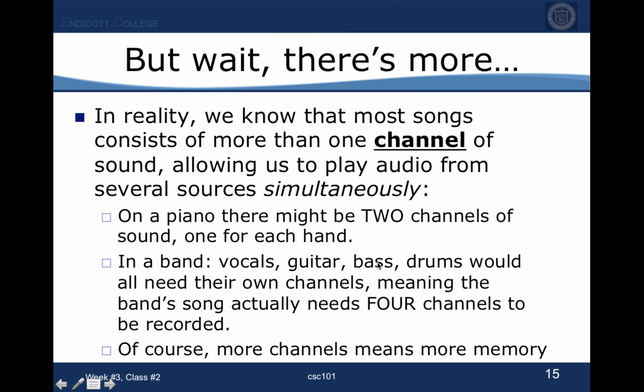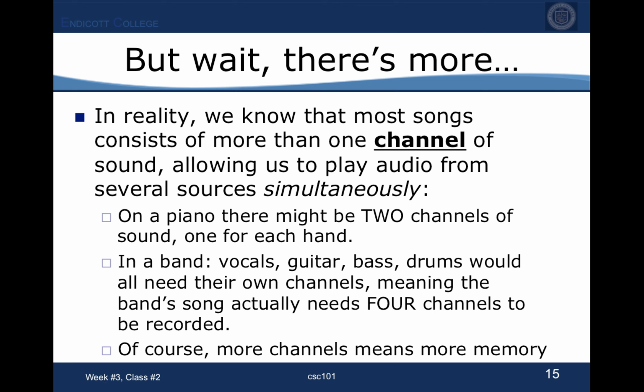In bands, of course, there's many tracks, many channels, probably one for each component of music that you might have. So maybe if you have vocals, a guitar, a bass, and drums, you'd record these all separately and then put them on top of each other when you actually make the recording.